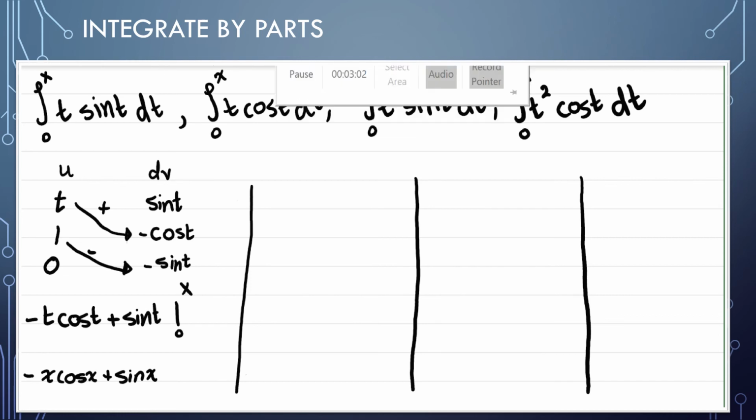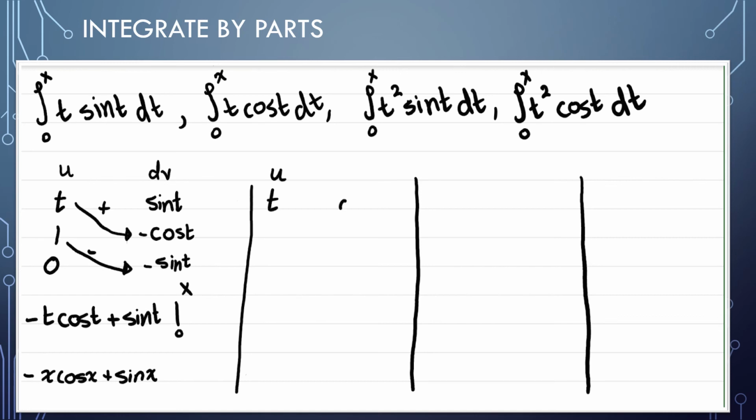Now let's work with t cosine t. Again, t is the one that will give us 0 when we differentiate it. Cosine t will not, so you will take it as dv. So differentiating will give us 1 and then 0. And cosine t integrated will give us sine t.